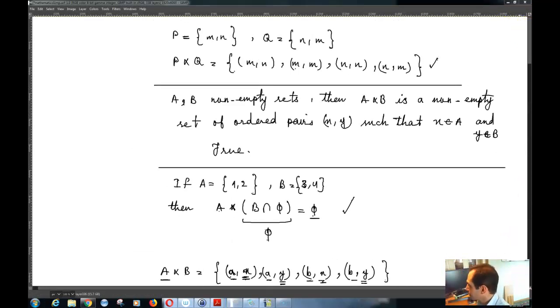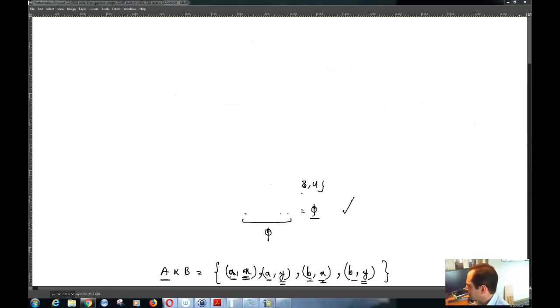So suppose that we have two sets, for example P, being this set over here.